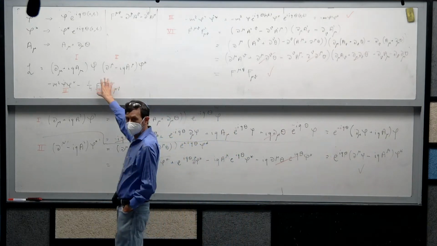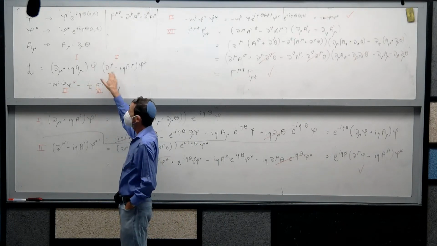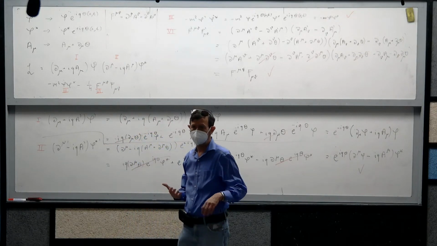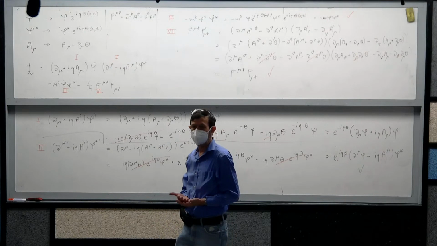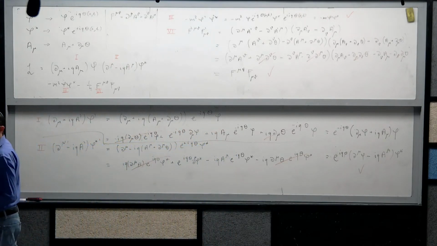This term is just a free field. This term is a correction to the momentum in the classical sense. You remember, instead of P, I have P minus QA, iQA.